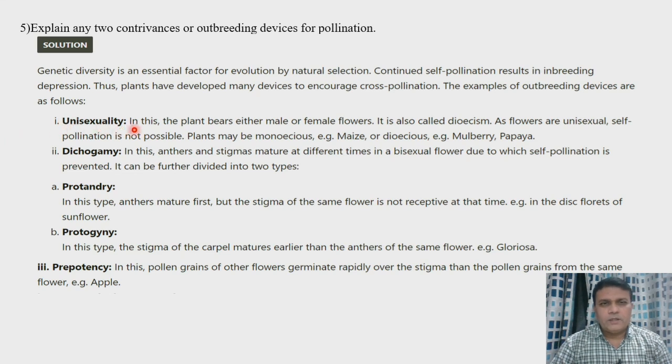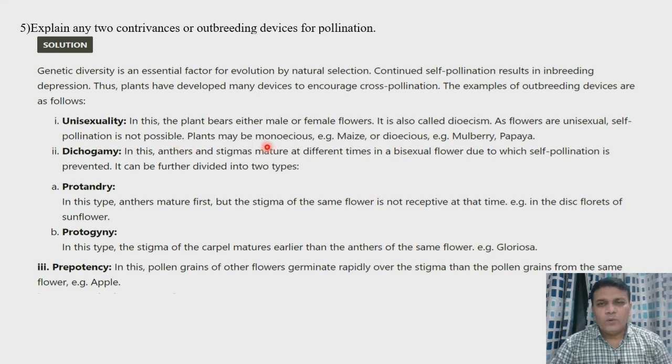In this, the plant bears either male or female flowers, and this condition is called dioecious. Male plants develop male flowers while female plants develop female flowers, and such flowers are called unisexual flowers. As flowers are unisexual, self pollination is not possible.